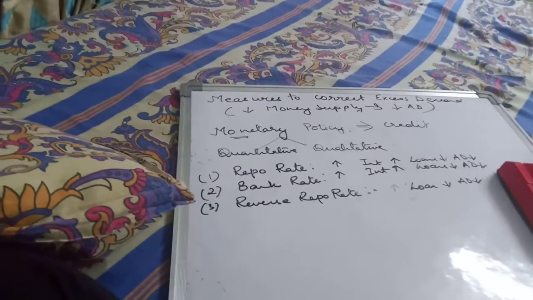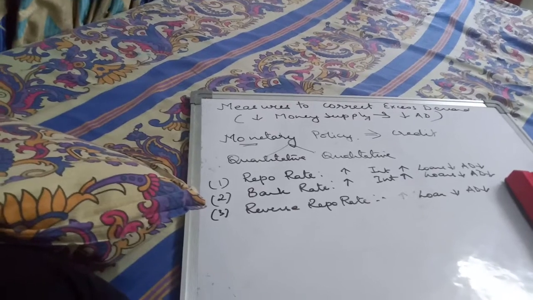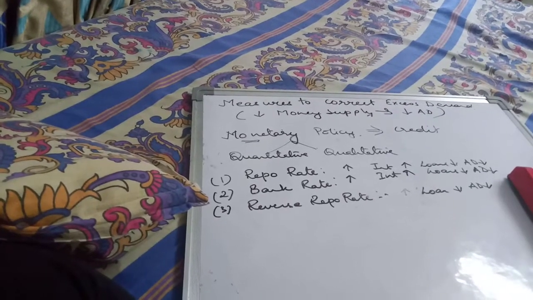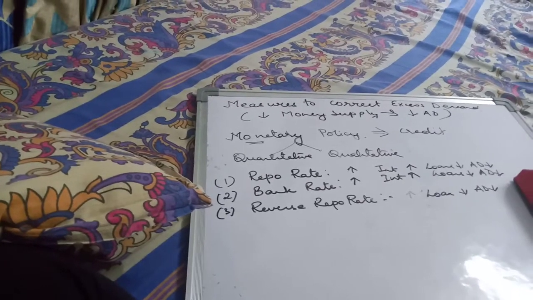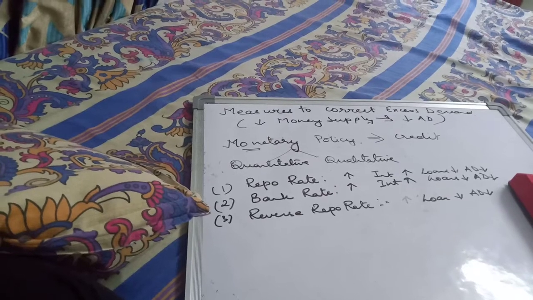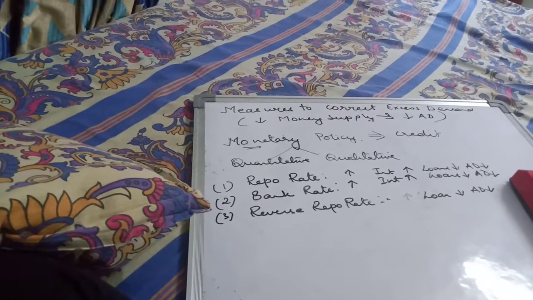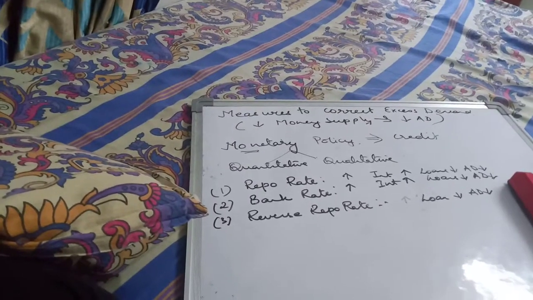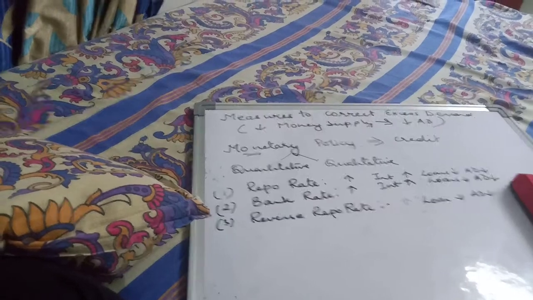So in times of inflation, the central bank raises the reverse repo rate so that commercial banks are encouraged to keep their deposits in the central bank rather than give them as loans to the public. When loan creation by commercial banks contracts, the effective demand also falls.